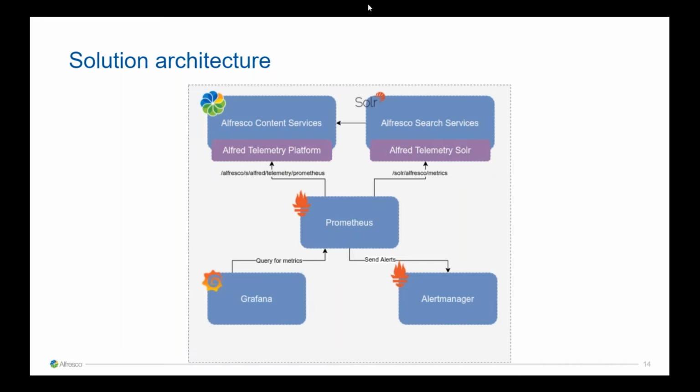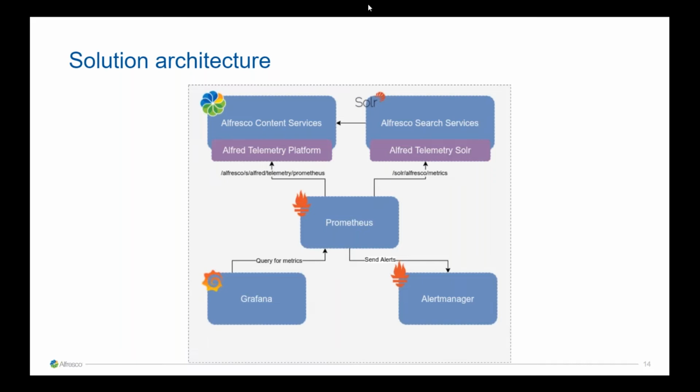So we started using some agents, the JMX exporter and the Solr Prometheus exporter, which are available online. These agents are attached to the Java process and offer their output on separate ports, exposing metrics based on XML descriptors.